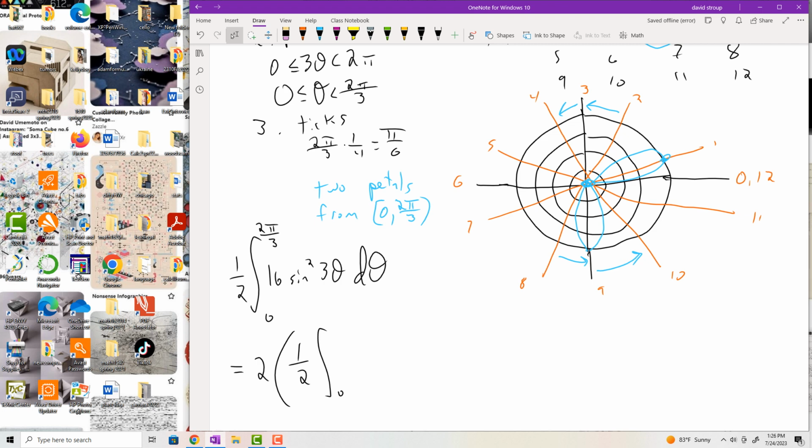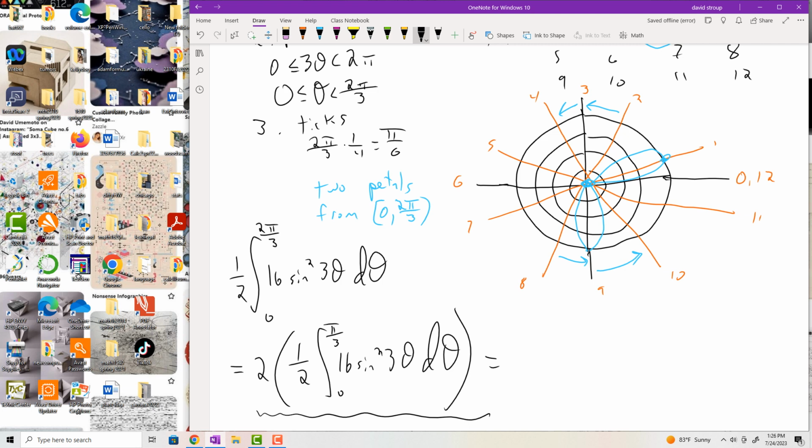And we got the area of 1 petal just by going from 0 to pi over 3. It just depends on what you feel like doing. If you do the second one, it's a little easier because you really only have to trace out 1 petal and then go from there, right? But anyways, let's just work with the second expression.